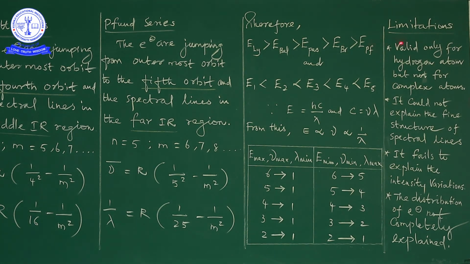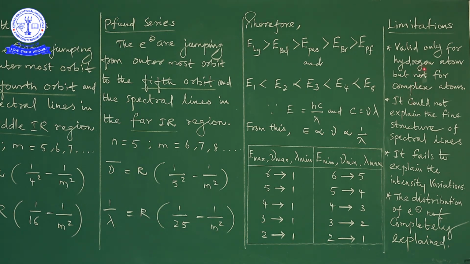What are they? The Bohr atom model is valid only for the hydrogen atom but not for complex atoms. What is the meaning of this? Except for hydrogen, we are not able to apply it to other atoms. The other atoms are all called complex atoms.